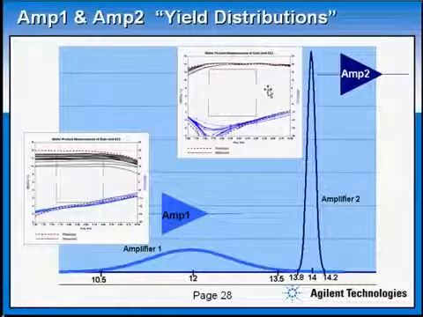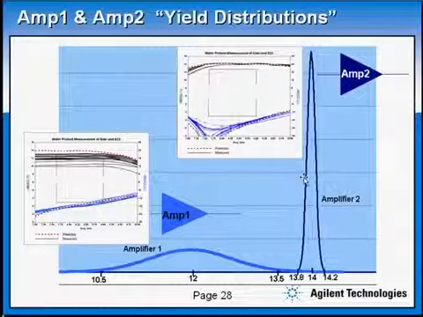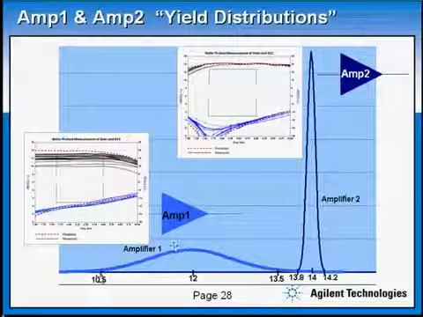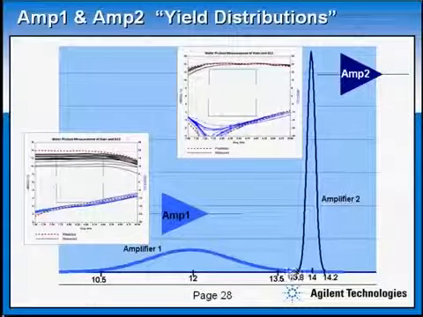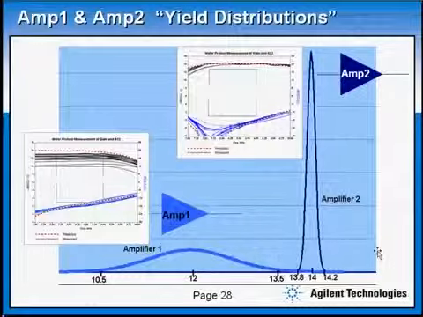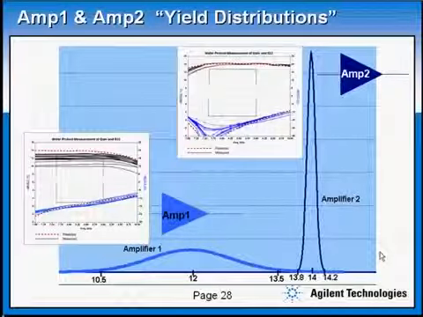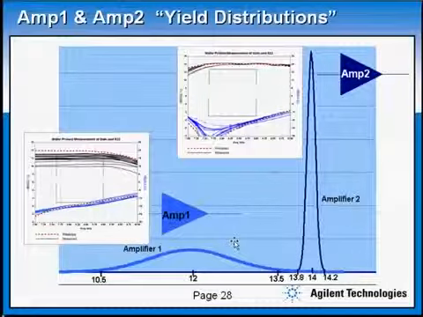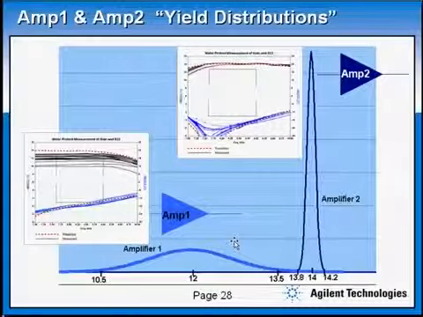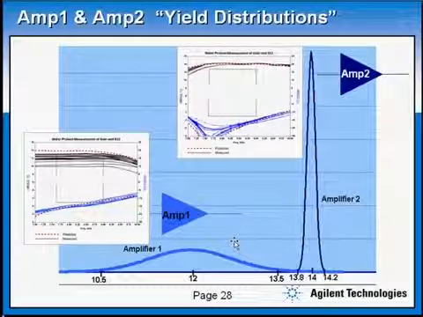Notice the difference. Amplifier 2, which is the DFM or DOE based, is much narrower and tighter than amplifier number 1. Even if I take amplifier number 1, this wide curve, and I design center it, move it to the right to meet my specs or to have more gain, the curve will still be wide and it will still be a sensitive design.